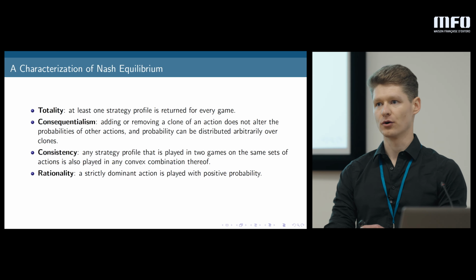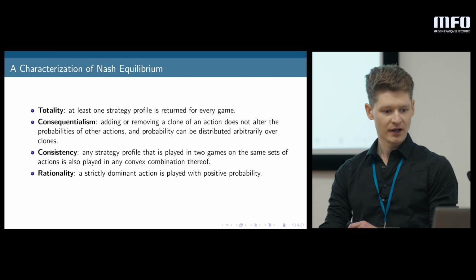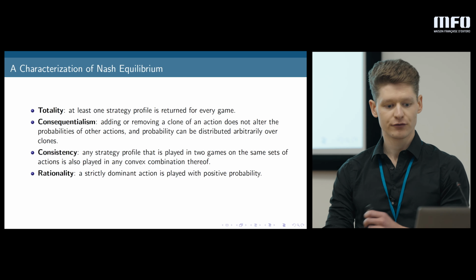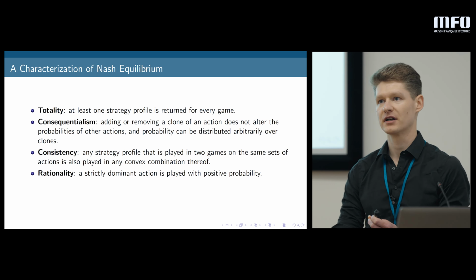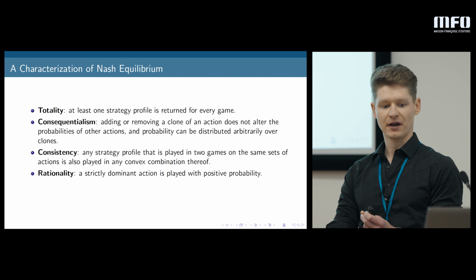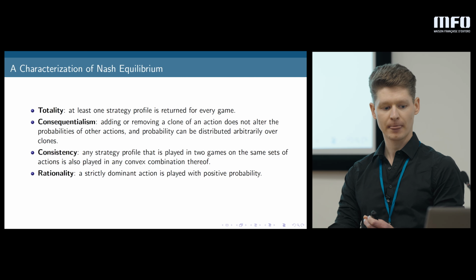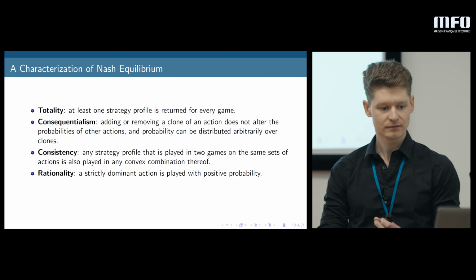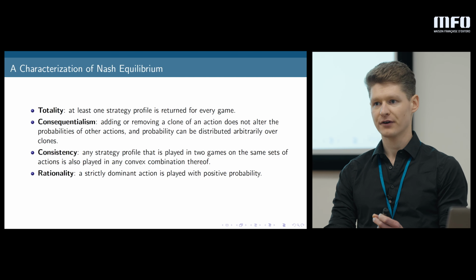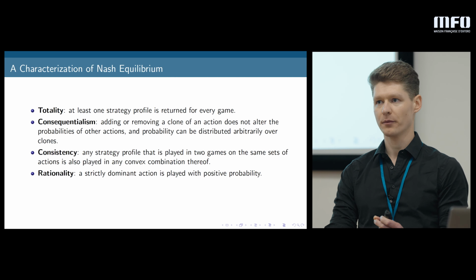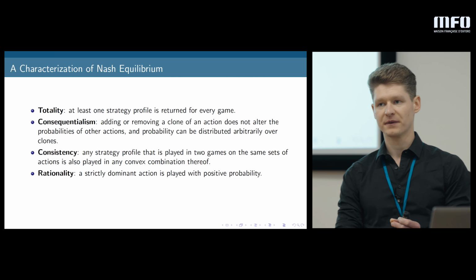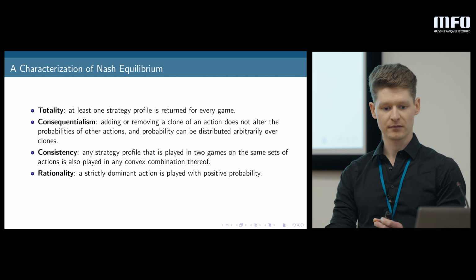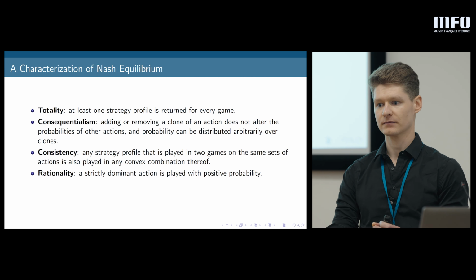And lastly, so far we have nothing that says something like higher payoffs are better than lower payoffs. So we'll need some notion of rationality. And here we have a very weak notion. It says that if a player has a strictly dominant strategy, then it should not be that this strategy is played with probability 0.